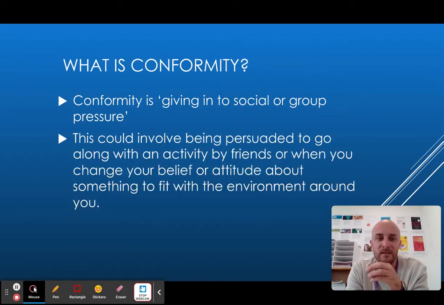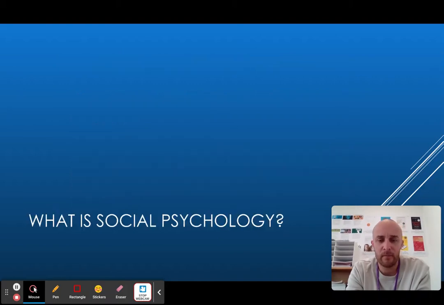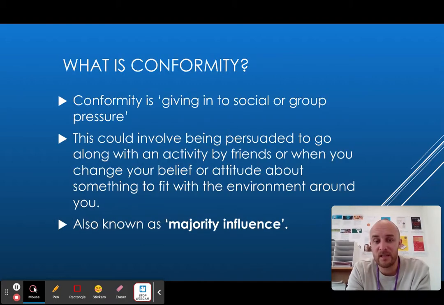So that is essentially what conformity is. It could involve being persuaded to go along with an activity by friends when you don't want to. It could be persuaded to listen to music that your friends like and you don't want. It could also be them actually persuading you. So we'll come on to this. That's an important bit just there, actually.